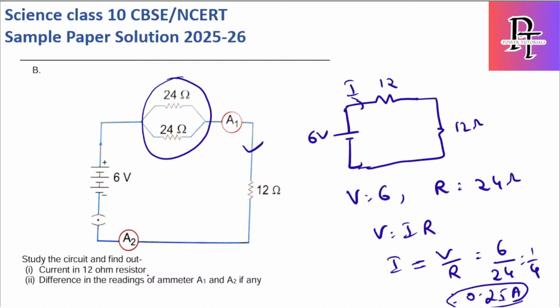Okay, let's see the second one. Difference in the readings of ammeter A1 and A2, if any. So there should be no difference, because both the ammeters, if you notice, are in series. Current will always be the same in a series connection, whereas voltage will always be the same in a parallel connection. So these two ammeters are connected in series, so there will be no difference.